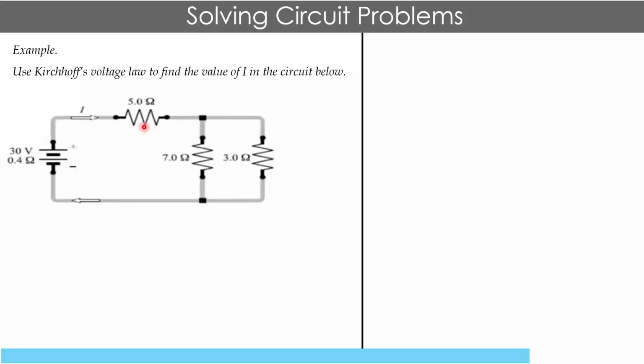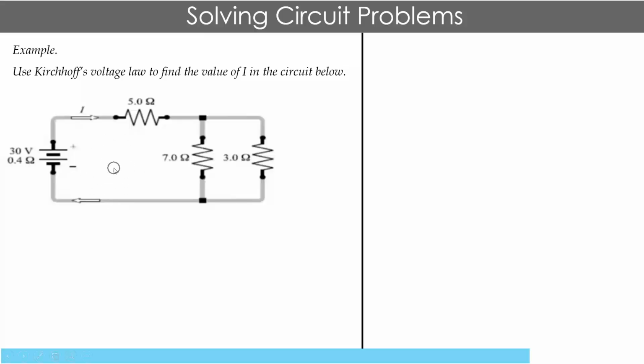So this 5 ohm resistor is in series with a parallel resistor combination. This 3 ohm resistor is in parallel to the 7 ohm resistor, and their combination is now in series to the 5 ohm resistor and the internal resistance.